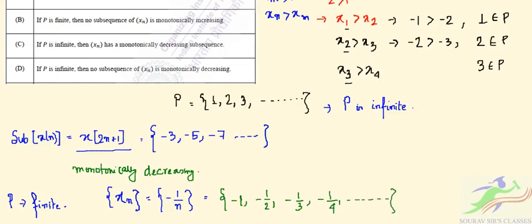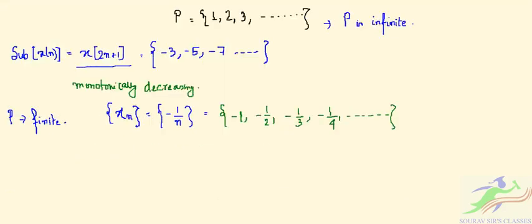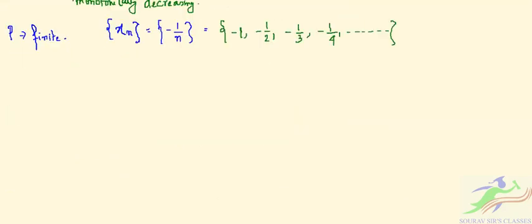Again, we have the same condition over here: m is greater than n and x_n is greater than x_m. It is clear from here that 2 is greater than 1.